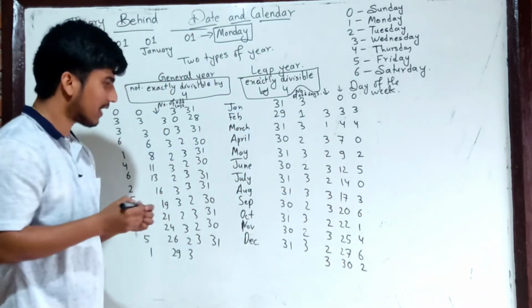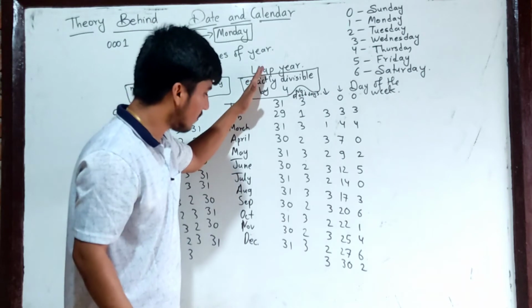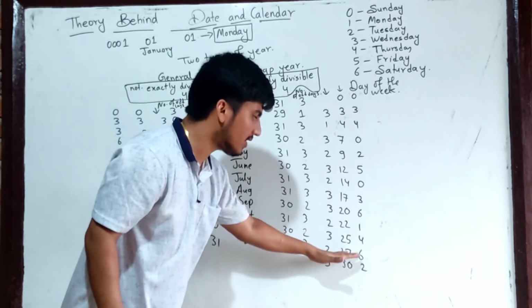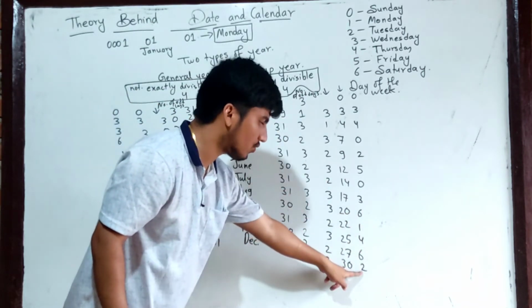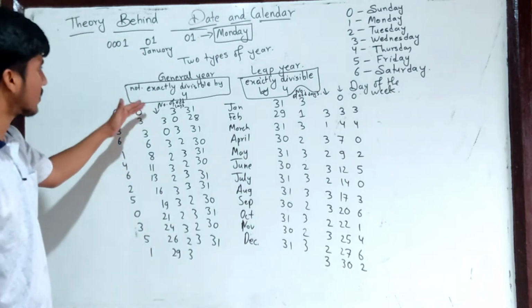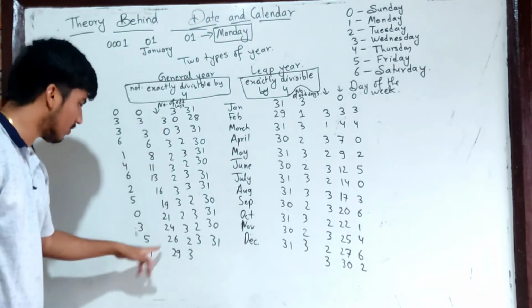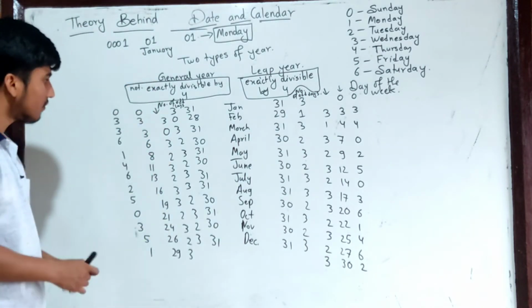Now we can check that for leap year the number of odd days when December just finishes is 2, and the number of odd days for the general year is 1.